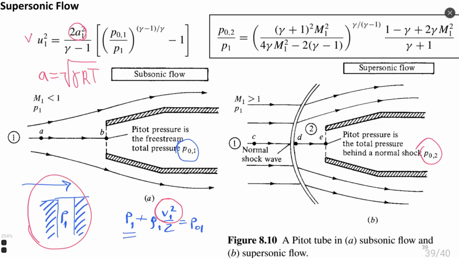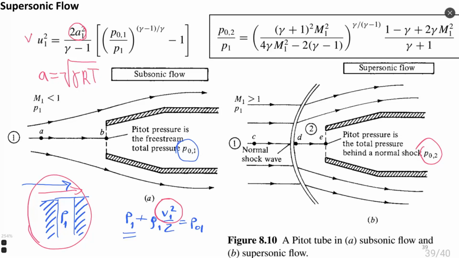When a pitot tube is placed like this, it does not generate any normal shock wave in this position, because flow passes just horizontally, and it doesn't have a body normal to the flow to generate a normal shock wave. So we can still see the value of static pressure P1.